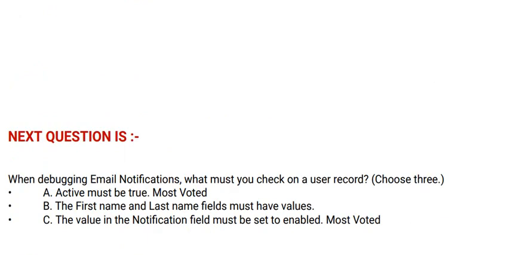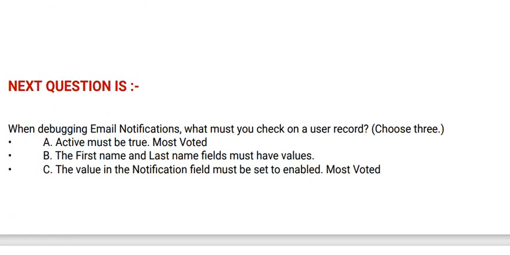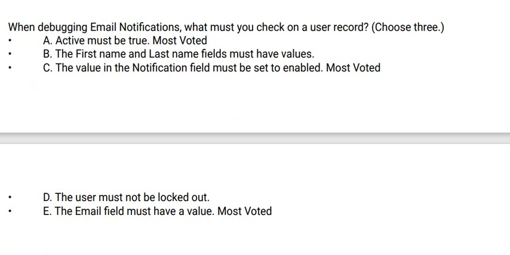Next question is, when debugging email notifications, what must you check on a user record? Choose three options. Option A, active must be true. Option B, the first name and last name fields must have rules. Option C, the value in the notification field must be set to enabled. Option D, the user must not be logged out. And option E, the email field must have a value.